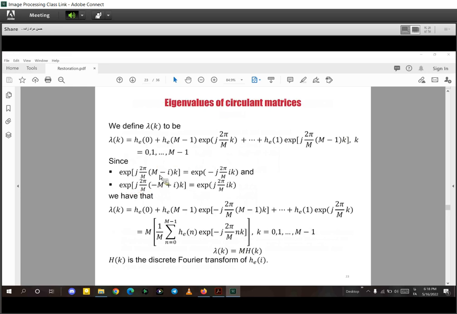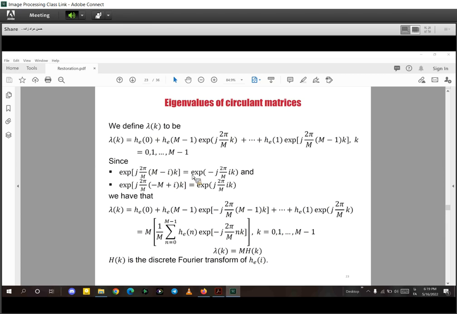Since e^(j2π(m−a)k/m) is, because j2π over m dot m is j2π, e^(j2πk) dot e^(−j2π a k).